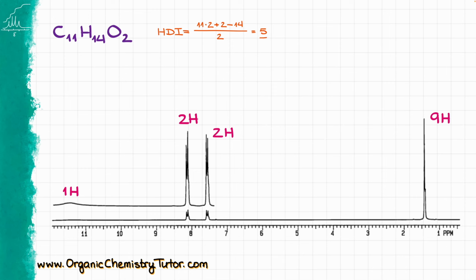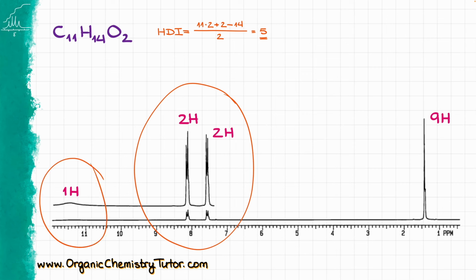So if I have 5, there is a likelihood that I have an aromatic ring plus another double bond or a cycle on top of that. And what I'm seeing in my NMR right away is signals in this region between 7 and 8, and the only stuff that can show up in this region is aromatic protons. So I do have a confirmation that I have an aromatic ring. On top of that, I have another super curious signal at very high ppm, and that signal is extremely broad.